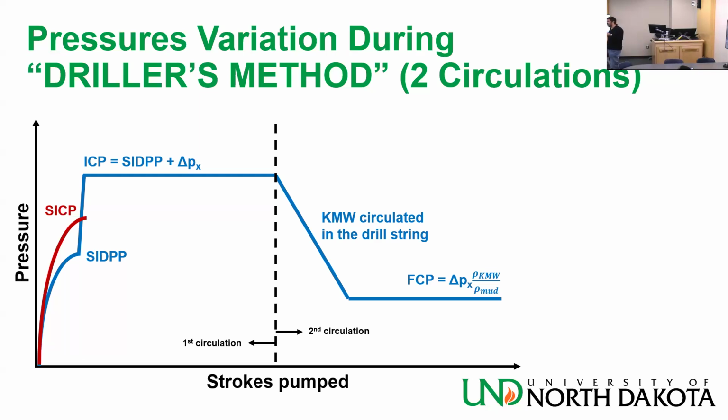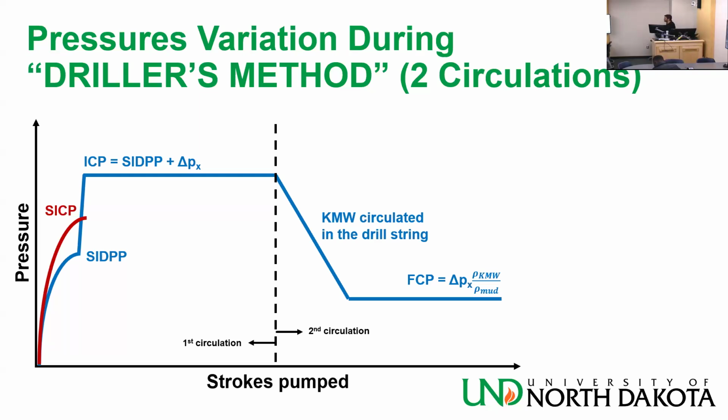Remember, in part A, you found 11.3 ppg for kill mud weight, 8.77 for fluid density, because it was brine. What if it was gas, methane, or something? It would be like 2. Then the SICP would be much higher, etc., etc.